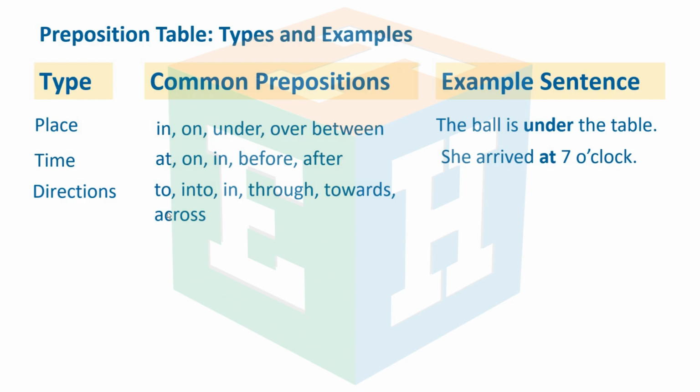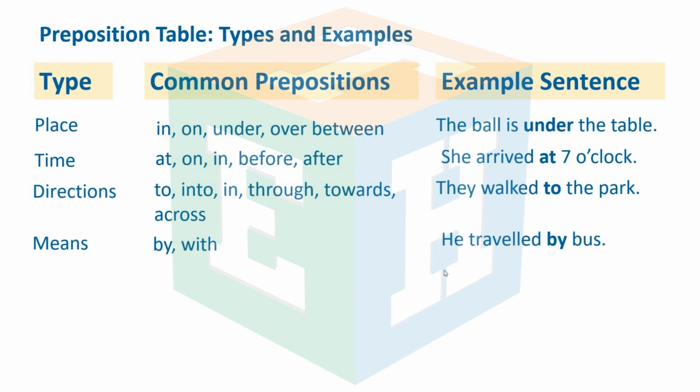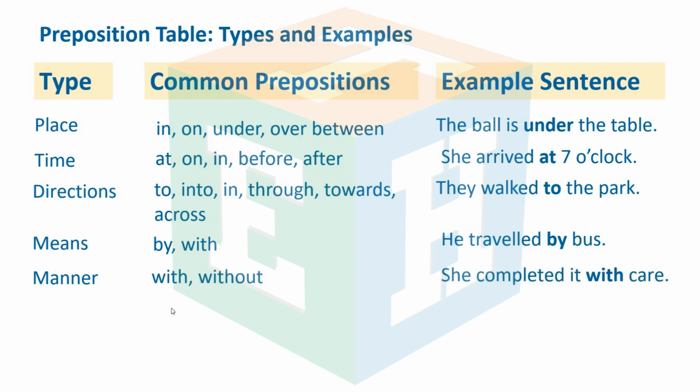Direction: to, into, in, through, towards, across. They walk to the park. Means: by, with. He traveled by bus. Manner: with, without.